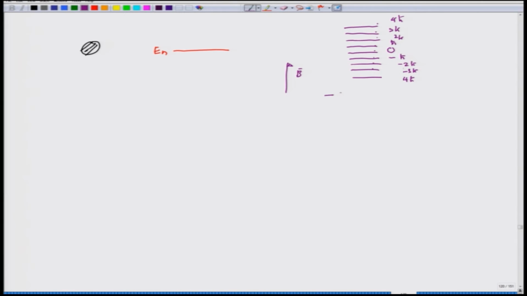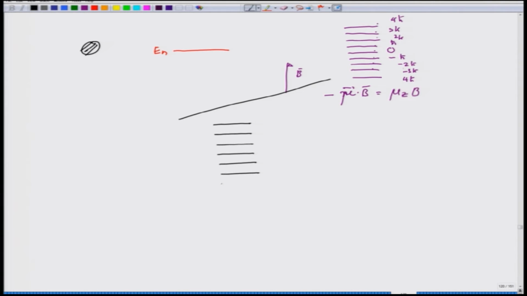So, the energies are going to be minus mu dot B, which is equal to mu z times B. All right. Now, depending on what these values are, negative energy value levels are going to move up and positive z component values are going to come down. So, this will be 4 h cross B, for example, 3 h cross B, 2 h cross B, and so on.